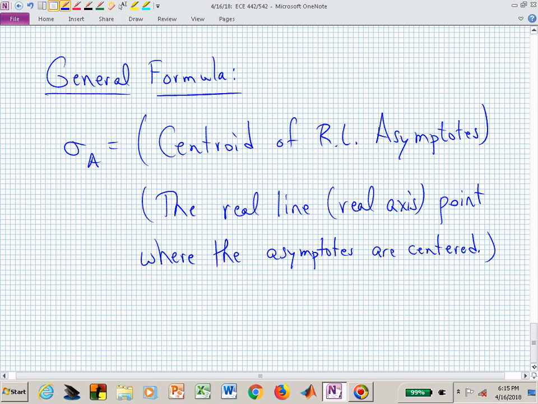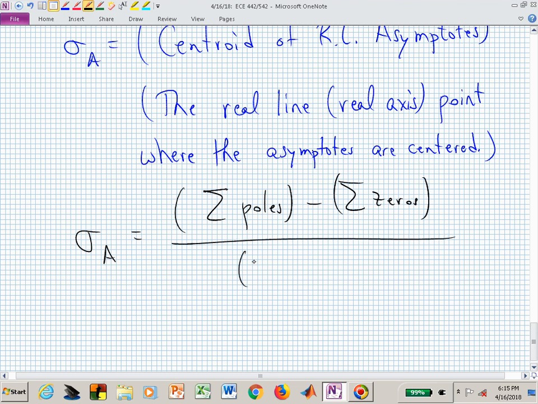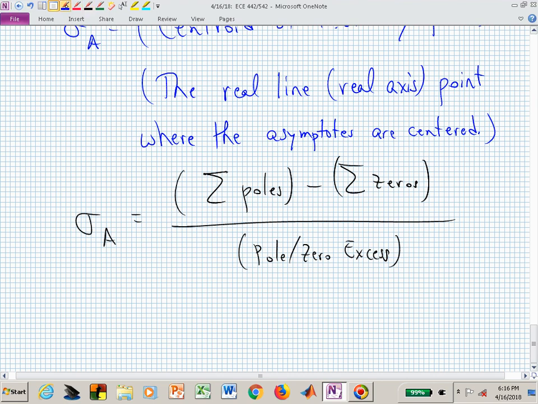And we compute that formula-wise as the sum of the poles minus the sum of the zeros, all divided by the pole zero excess. That's the centroid. That's where we pin the center of those asymptotes.